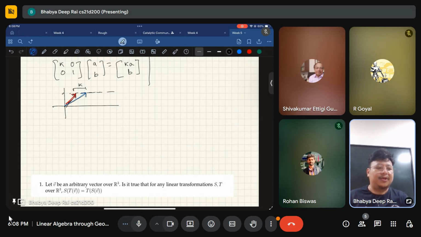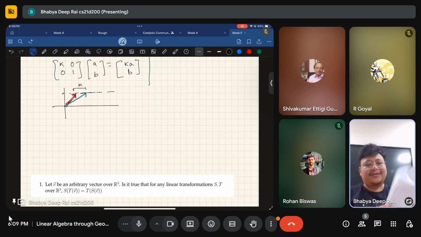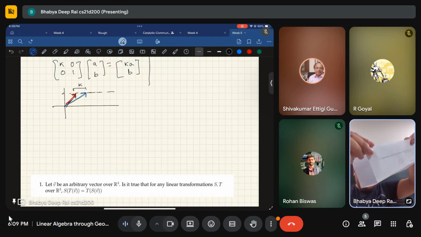A shear is equivalent to taking sort of a rigid object, not exactly a rigid object. For example, I have this paper here. So you have this cuboid, as you can see here.